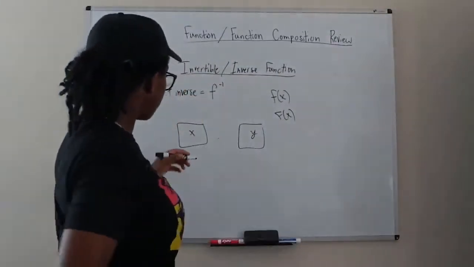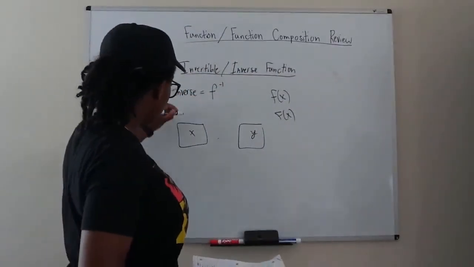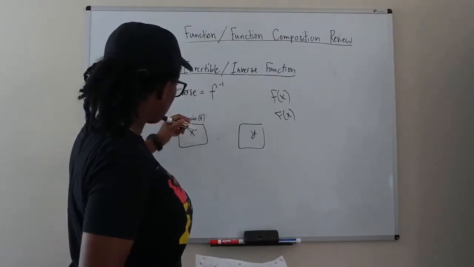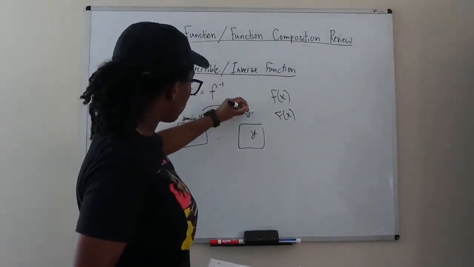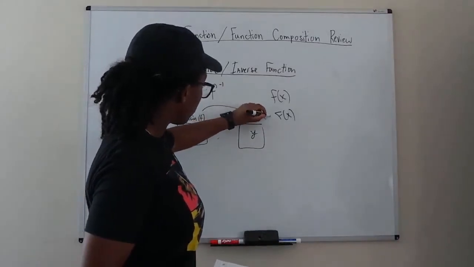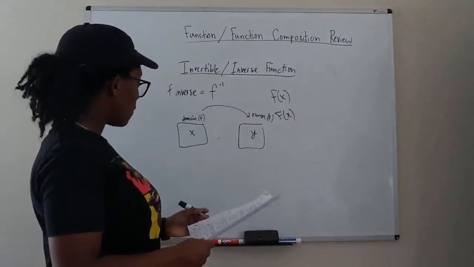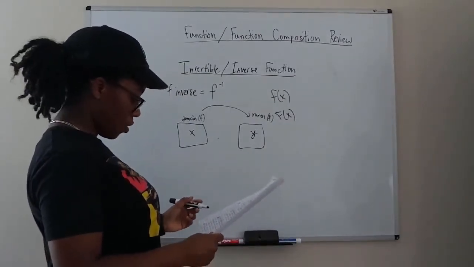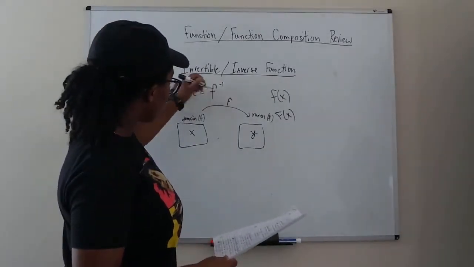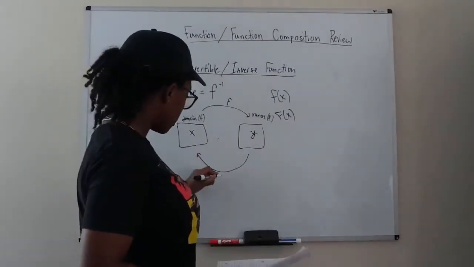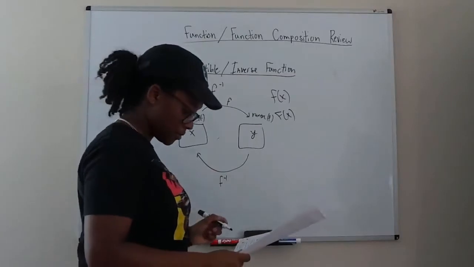So for f, we have the domain of f going to the range of f. But for an inverse function, this is the way an inverse function works. So f inverse.